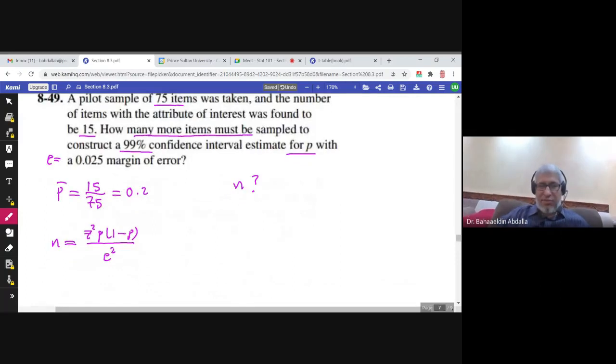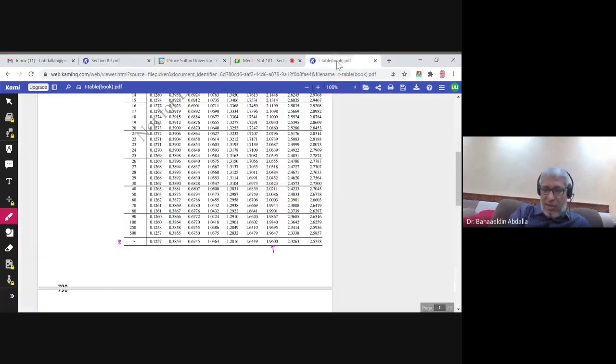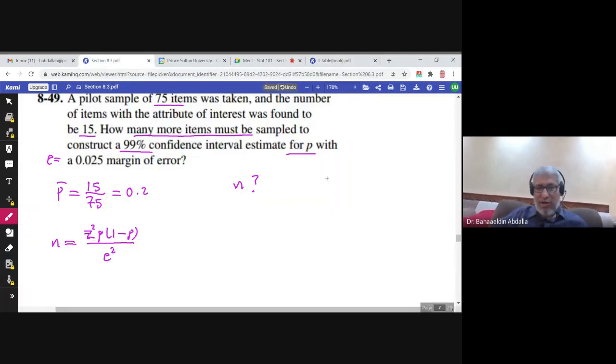And Z, we need Z, the critical value, 99%. So I will use the T table, the last row. This is the 99%, 2.57. You can use 2.576 or 2.58. It is no problem. I will use 2.576. So that's the critical value. So 2.576 squared.